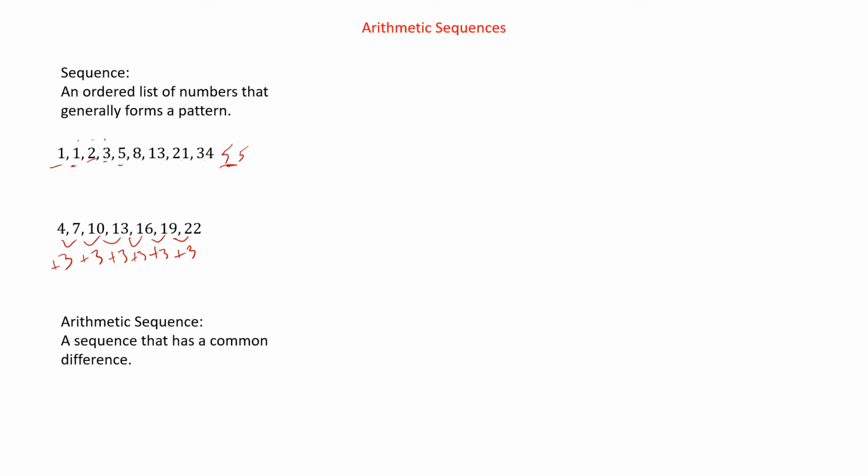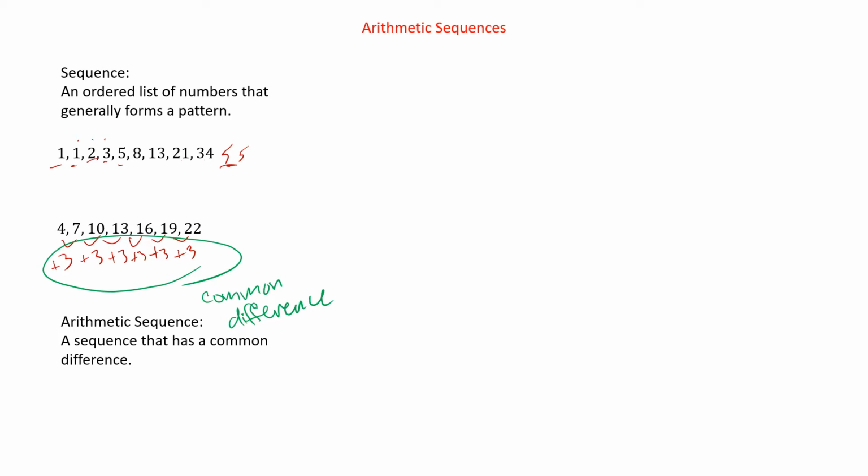The common difference. So a common difference is if you take a term minus the term before it, you always get the same number. And a term, each number in a sequence is a term.